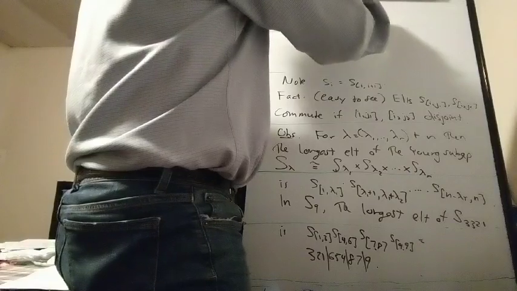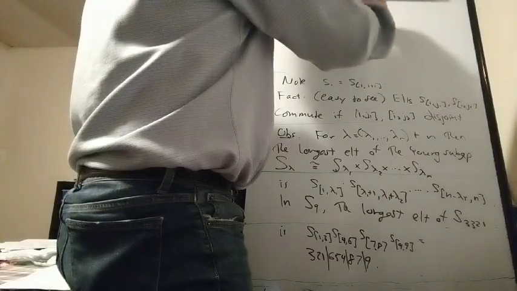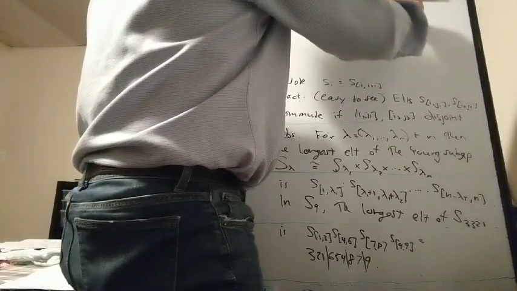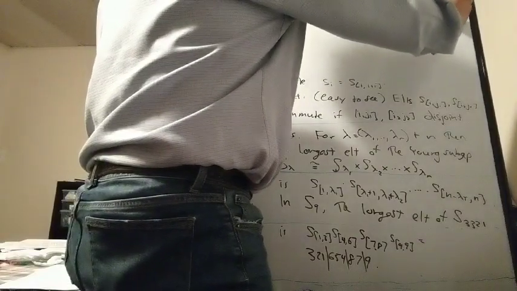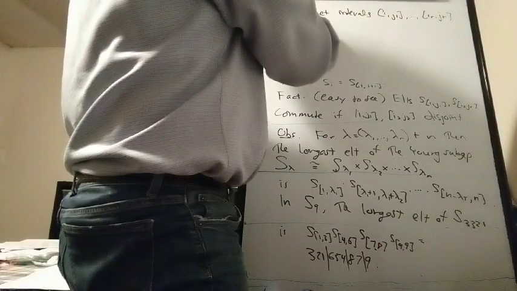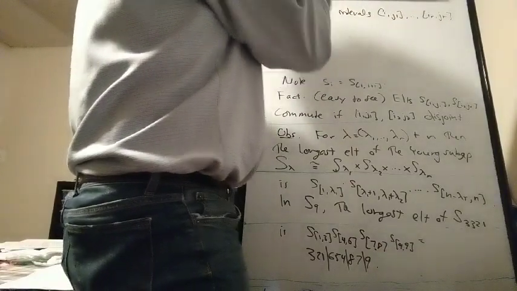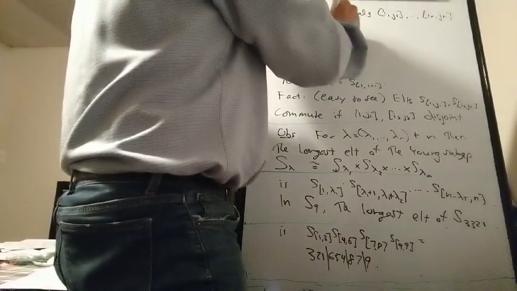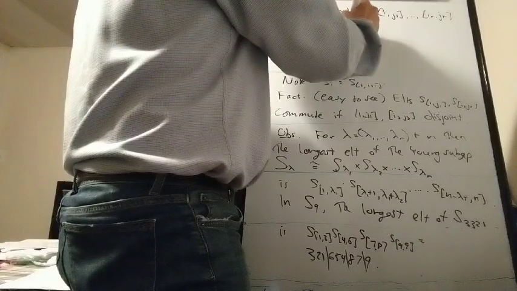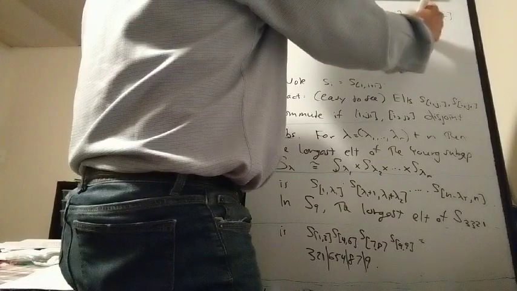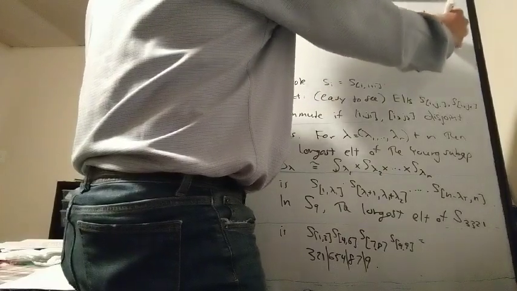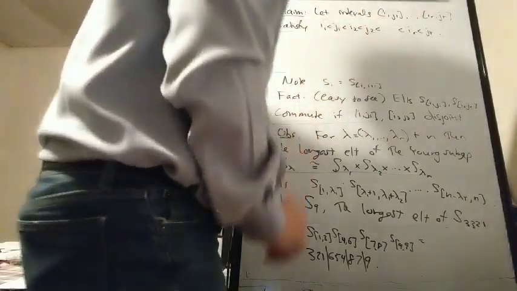So let's say we have intervals I1, J1 through IR, JR. Let's say these are arranged so that I1 is less than J1, which is less than I2, which is less than J2, etc., up to IR and JR. So the indices are all in increasing order.